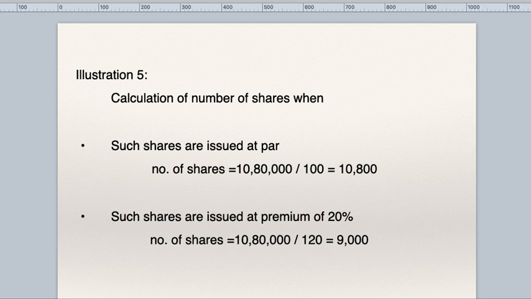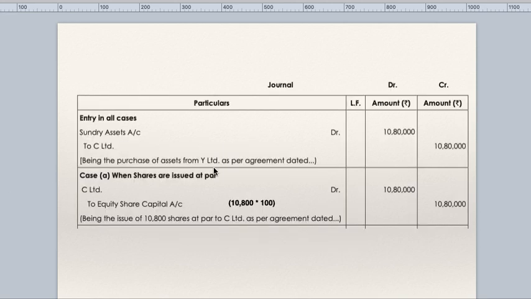Now, in this case, your journal entry would be sundry assets to C Limited, 10,80,000, assets purchased from C Limited, and C Limited to equity share capital 10,80,000, 10,800 shares into 100. So, in the situation A, these two entries are to be passed.